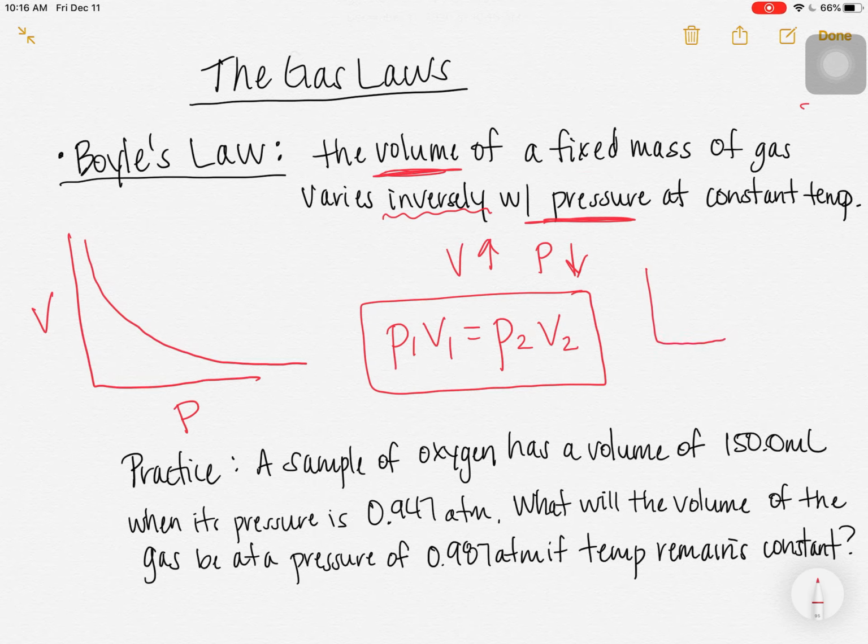Another thing I want to show you about volume and pressure would be like if you had a movable piston, and you had a gas. Okay, so think about it. If you were to take that same container and push that piston down.